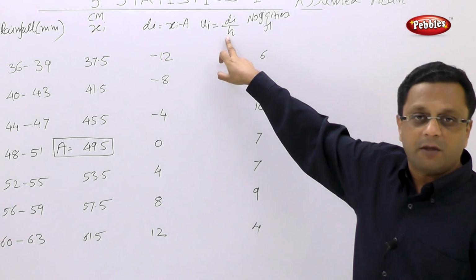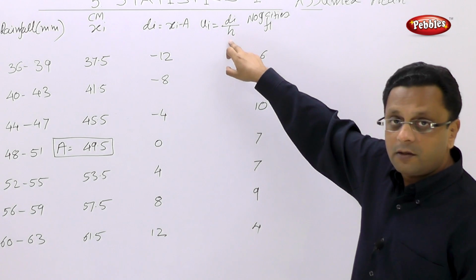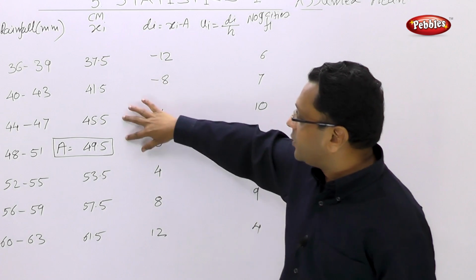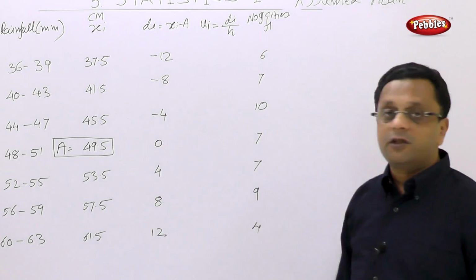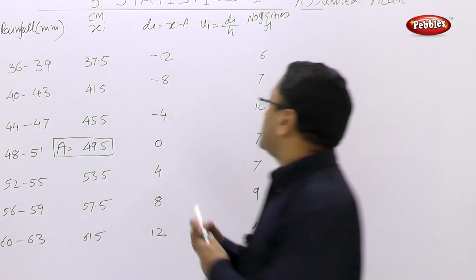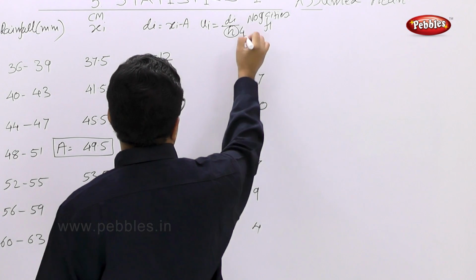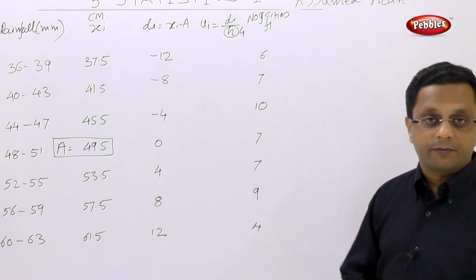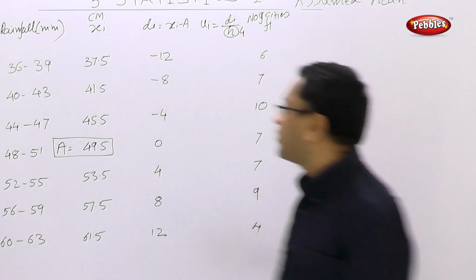I am dividing by some number. Which number? What is h? It is the class width. What is the difference between these? The difference is 4. So my h is 4 here. In this case, class width is 4. So now I will divide each number by 4.